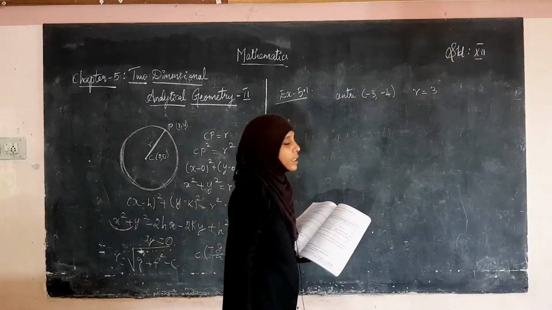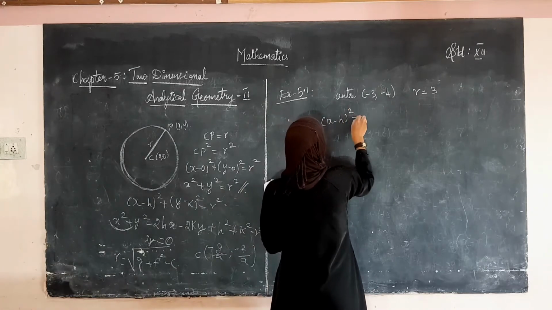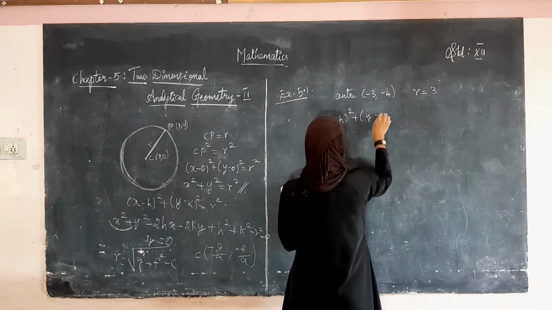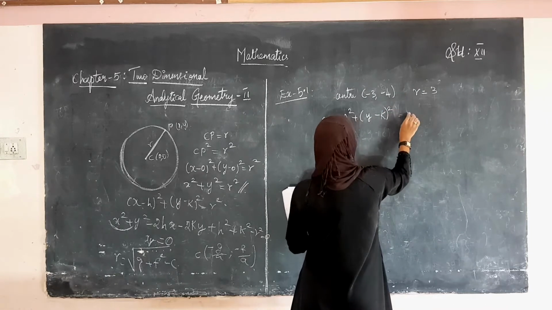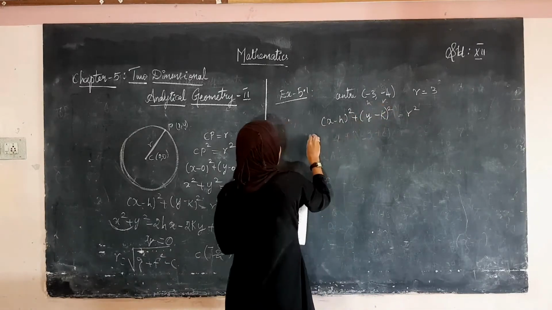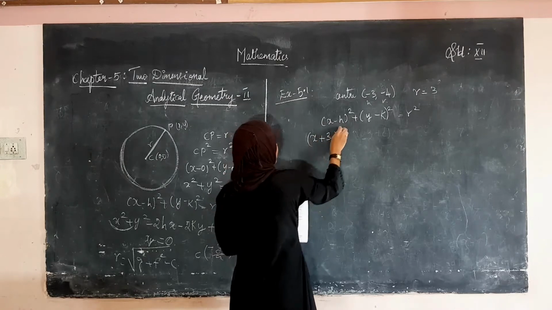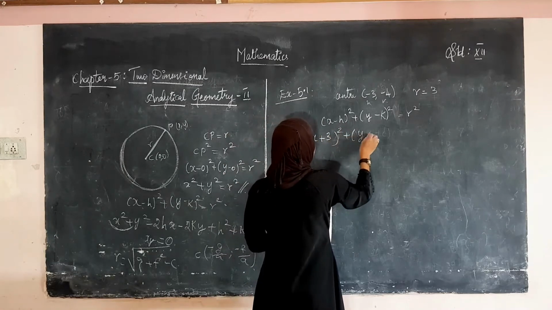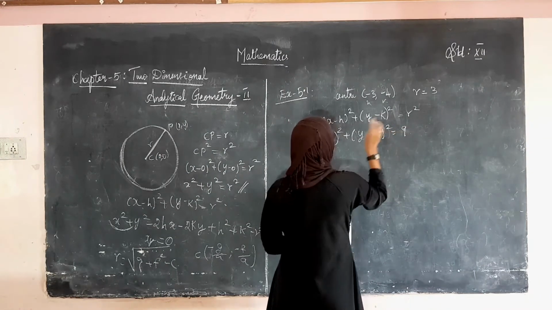So what's the standard form of the circle? x minus h the whole square plus y minus k the whole square is equal to r square. So substitute, this is h and this is k. Substitute values. x minus of minus 3 is plus 3 the whole square plus y minus of minus 4 is plus 4 the whole square is equal to 3 square, which is 9.